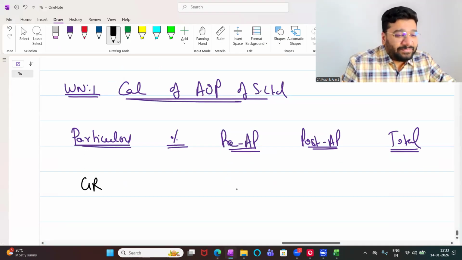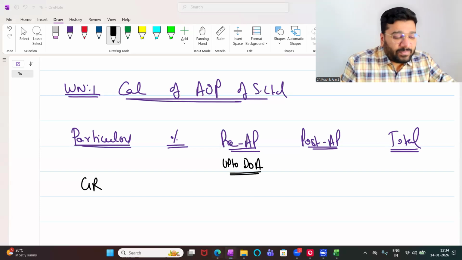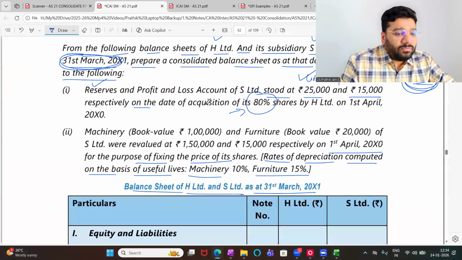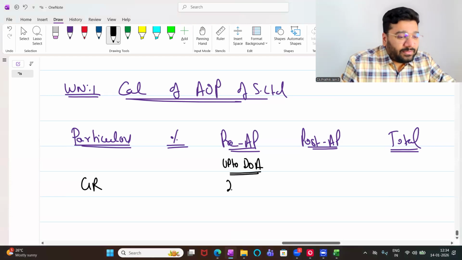How much is P&L? How much is reserve and surplus? General reserve, how much? 25,000. Pre or post? Up to date of acquisition, which is 1/4, 25,000 rupees. Then P&L, how much is it? 15,000 rupees.